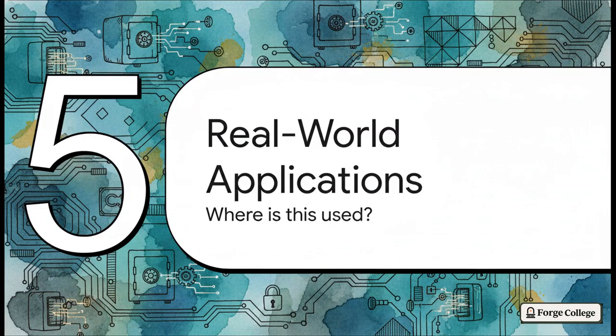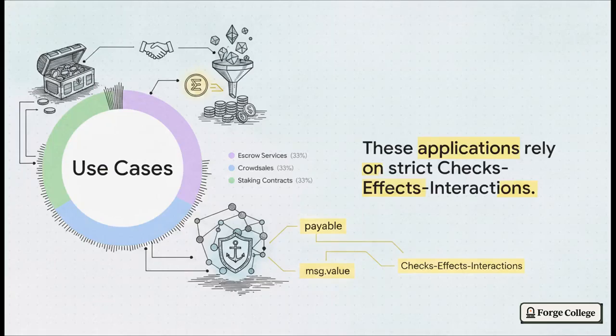So, where is this actually used? Let's zoom out a bit and look at some real-world applications of this exact blueprint. I promise you, this isn't just theoretical. You are going to see this exact pattern absolutely everywhere in the Web3 ecosystem. Just consider these 3 major sectors: escrow services, crowd sales, and staking contracts. An escrow service locks funds until a specific condition is met.